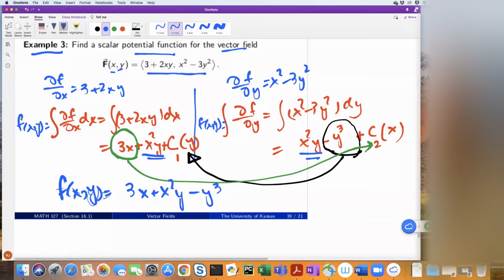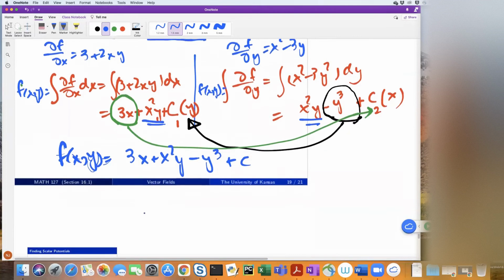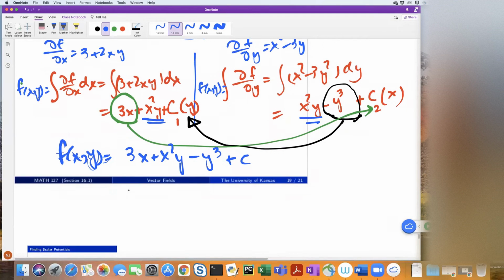The common one I wrote once, and I figured out the ones that are acting like constants in other places, but show up in one place, I write them once too. 3x is only showing up in one, minus y to the third is showing in one, and x squared y shows up in both of them, and this becomes the scalar potential. So I took the antiderivative component-wise, compared, so take the antiderivative component-wise.